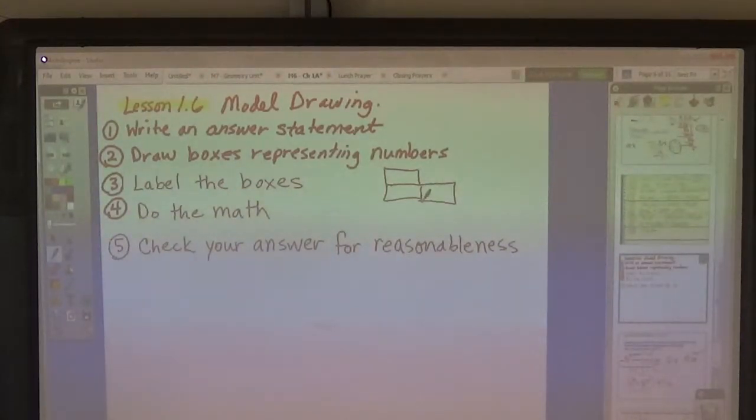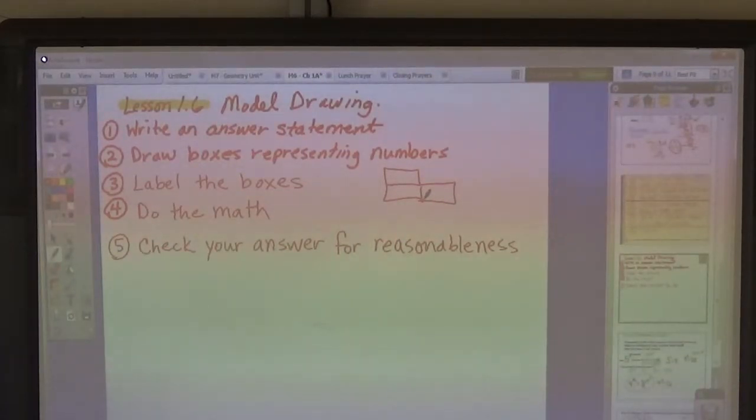Let's look at the first question. Number 1 on page 19. Who can read that for us? Someone read that. Megan? The Parks Department has planned a trip for 230 people to a baseball game. Each bus holds 40 students.